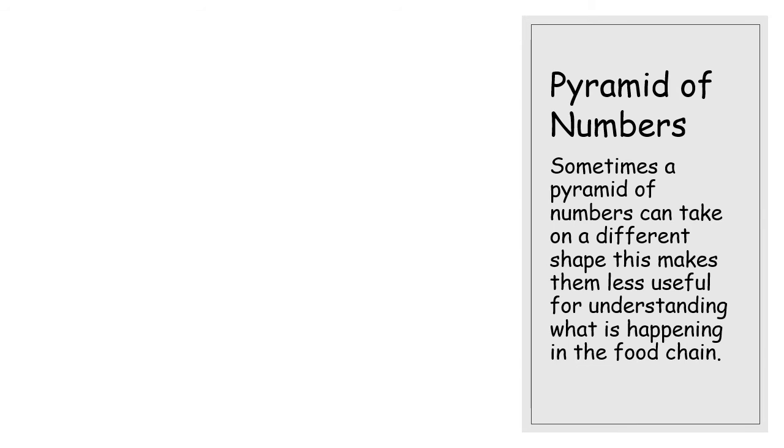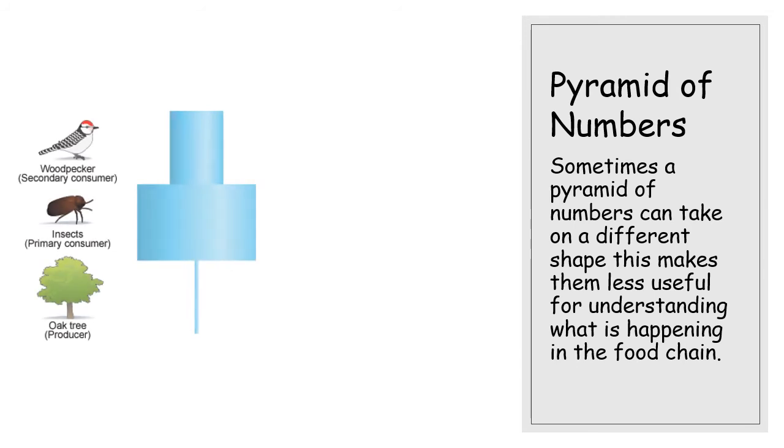Let me show you some examples where it doesn't give you a really good indication of what's happening within the food chain. So for instance, one oak tree can sustain a huge amount of insects, and those insects can sustain a smaller amount of woodpeckers, the secondary consumer.